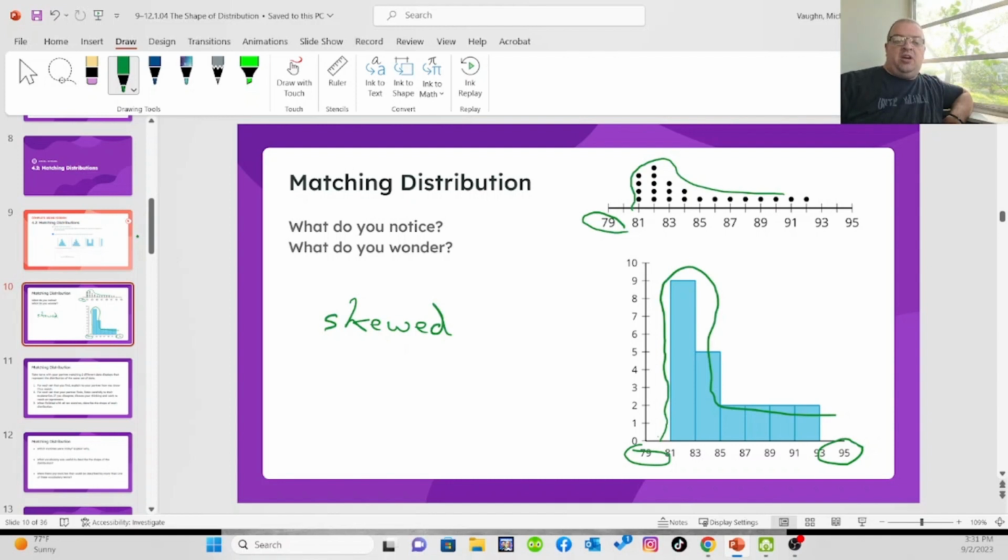And because we want as much information as possible when we name it, you name it skewed and you give the direction of the tail. So in this case, the tail is to the right. So I would say this is skewed right. I would notice that my beginning and endings are the same, and I would notice they both appear to have that same shape, and I could say that these two match.